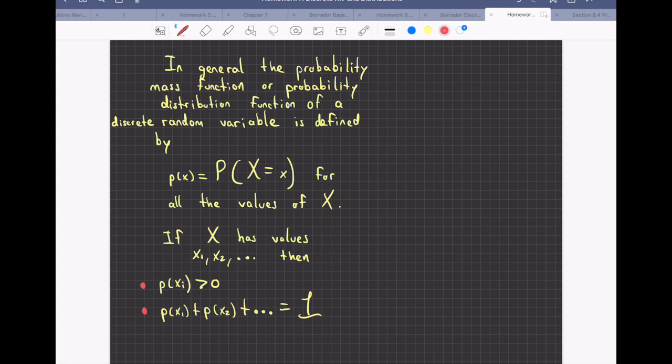If you check a book, you may find it this way: the probability mass function or probability distribution is defined in this way for any value of x, and it satisfies two properties. The probability is always positive, and the sum of the probabilities over all the possible values of x should be 1.